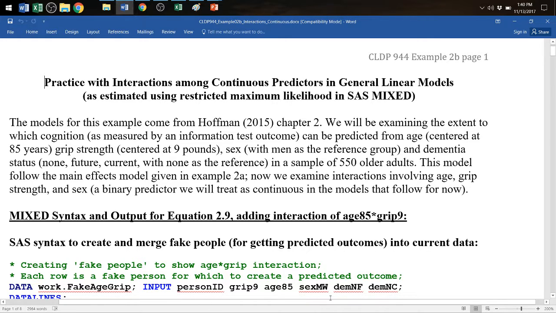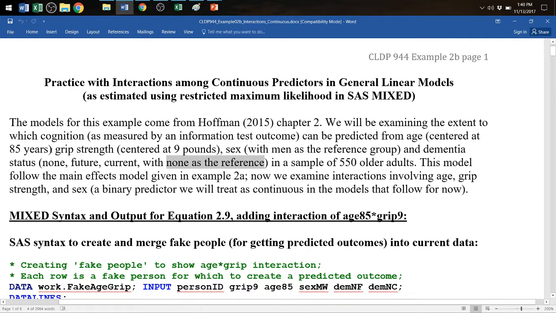The data were simulated to reflect a real data set that I have access to, where we have chronological age as a predictor, grip strength, which is a measure of physical function, sex, which is binary in this case with men as the reference group, and 3 kinds of dementia status: people who don't have it, people who will get it some point later in the future and we know about it, and people who already have it. Most of the people have no dementia.